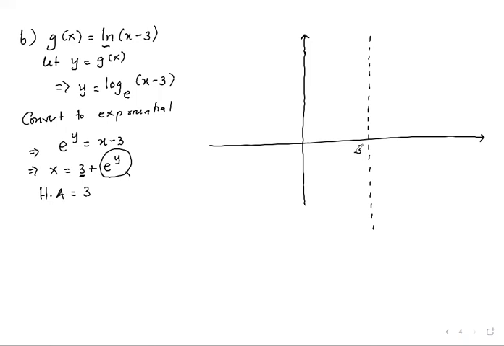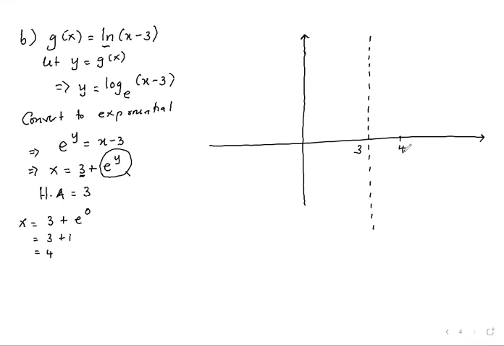When x was the variable, we first found the y-intercept. Now we're finding the x-intercept first. So what's the x-intercept? You get it when y is 0. So we'll have 3 plus e to the power 0, which is 3 plus 1, which is 4. So at 4, we have the intercept.